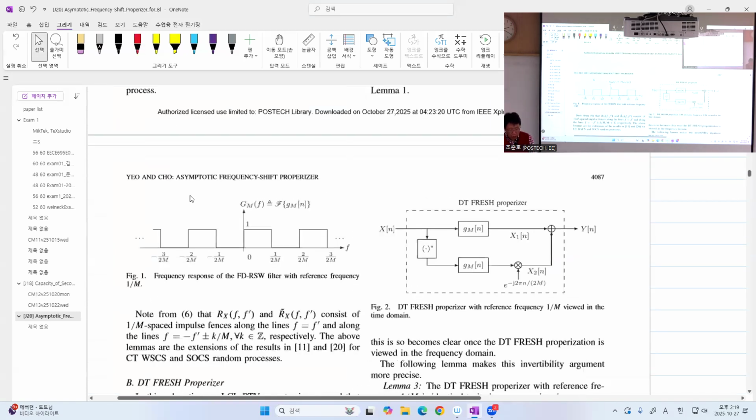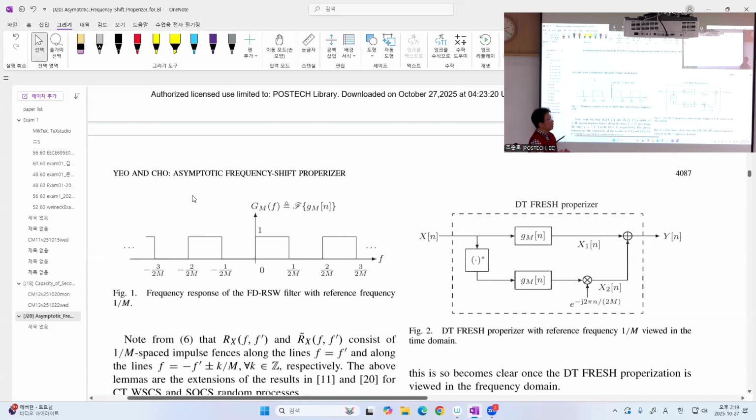So now consider a little bit different impulse response from what we've seen in the previous paper. In the previous paper, we only had this passband, right? This was the only passband before, but now we have other pass subbands.